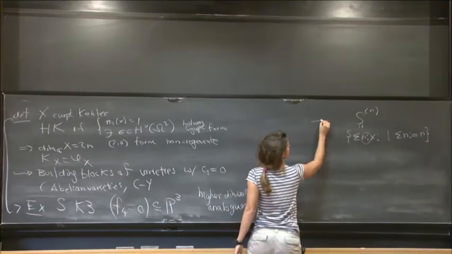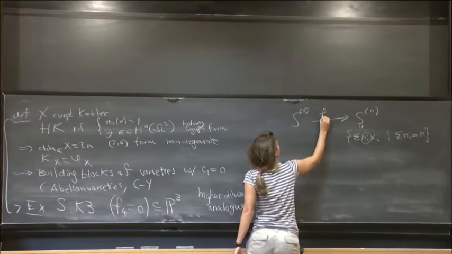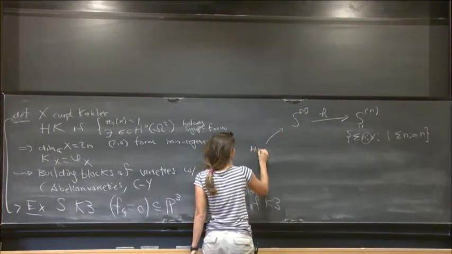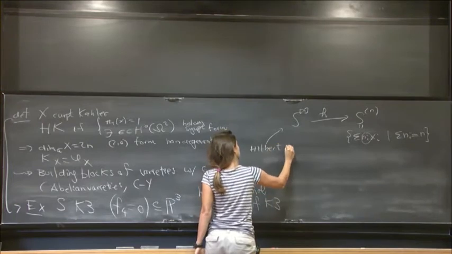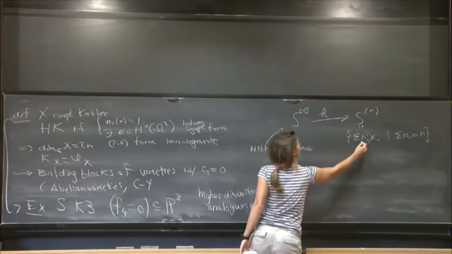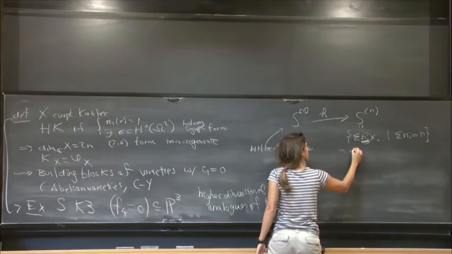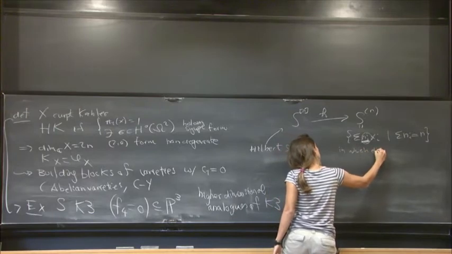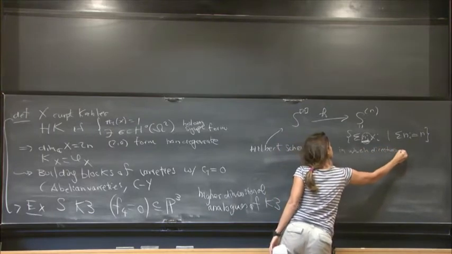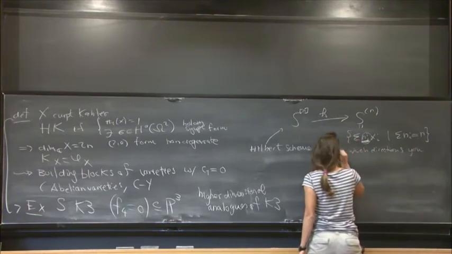This admits a natural resolution called the Hilbert scheme, where you don't only keep track of the multiplicities, but you look at in which directions you have the multiplicities, sort of.